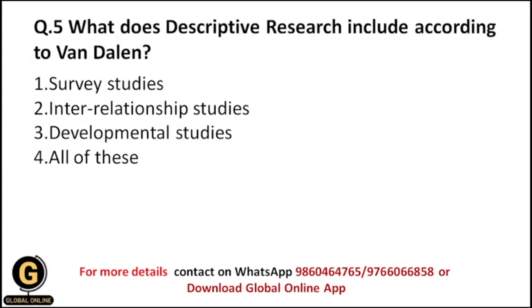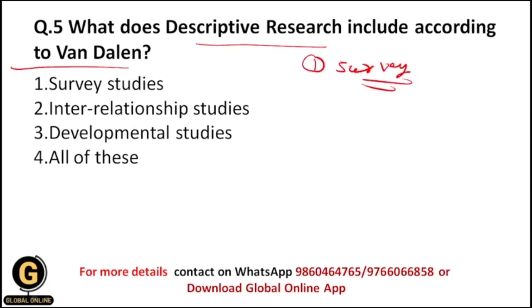Now next, what does descriptive research include according to Van Dalen? According to Van Dalen, there are 3 types of studies included in descriptive research. The first one is survey studies. Within survey studies we ask questions to the participants and participants respond to us.